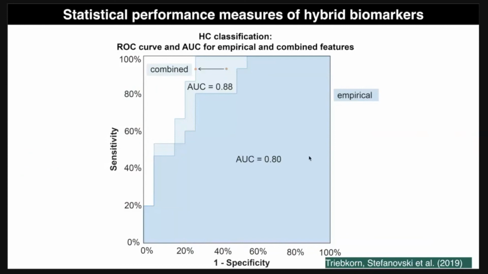We have now a newer one that we just presented at the SFN conference in Chicago, where we provide proof of principle that by simulating features, by including imaging data, we can increase the accuracy of our predictions. So if we compare predictive power based on imaging data with predictive power based on simulated features, we can show that the predictive power is increased, and also the sensitivity and specificity in the area under the curve.